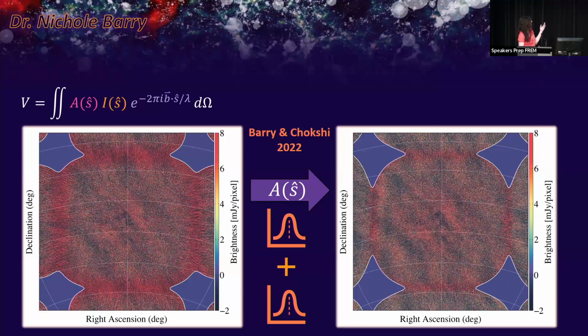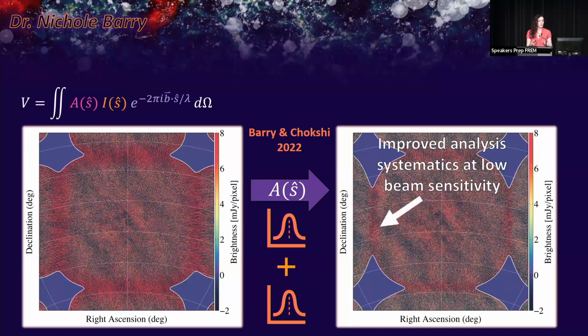And it looks much cleaner. Again, this is the same observation, a residual again, and you can tell, especially as you get towards those white lines, the edge of the beam, that the noise has greatly reduced. And so what I'm getting at here is it's not that the visibilities have necessarily changed, it's that we've improved our analysis systematics, and that has contributed to a better image at these low beam sensitivities.